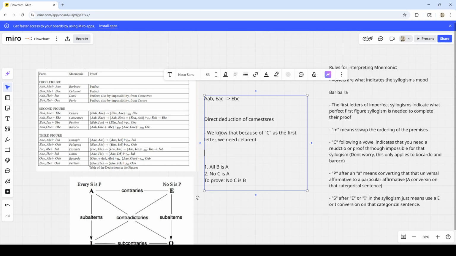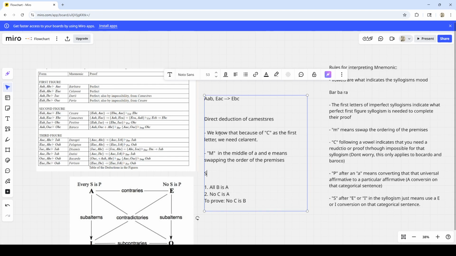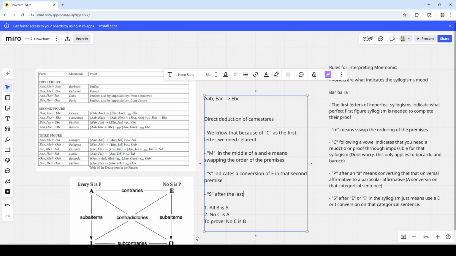And because we know there's an M after the A and E in the middle, that means swapping the order of the premises, and S indicates a conversion of E in that second premise, and then S after the last E indicates a conversion of the conclusion.